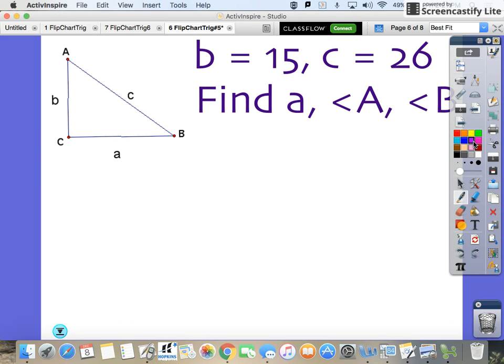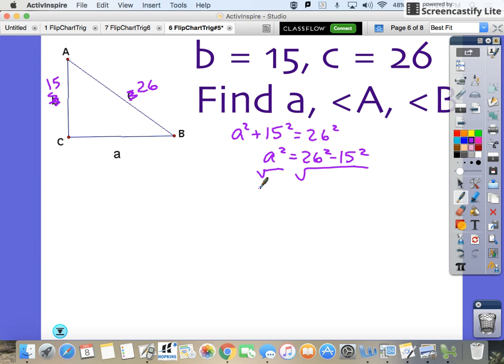This next one, we are told that B is 15, C is 26, and then we need to find A. So let's go ahead and set up the Pythagorean theorem. We got A squared plus 15 squared equals 26 squared. I'm going to subtract 15 squared on both sides. And then square root.